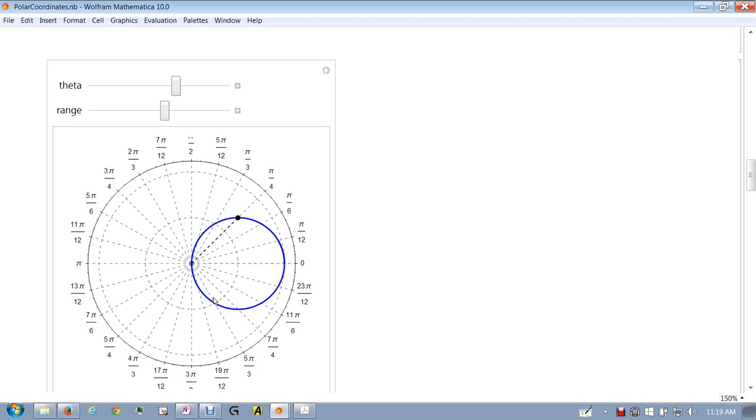If we would have used pi over 3, it looks like we would have been somewhere really close to 1. Then if we would have used 5 pi over 12, we would have been down here somewhere between 0 and 1. Then when we plugged pi over 2 in, we actually got 0, and then it went backwards and did the same thing. Got it?